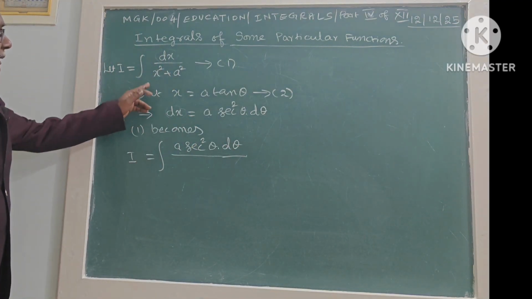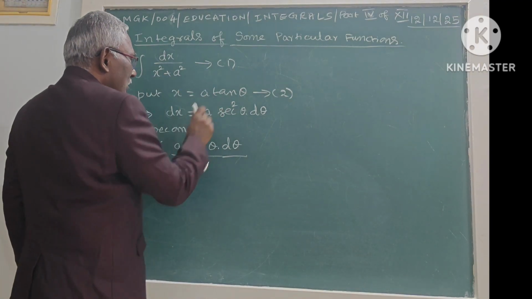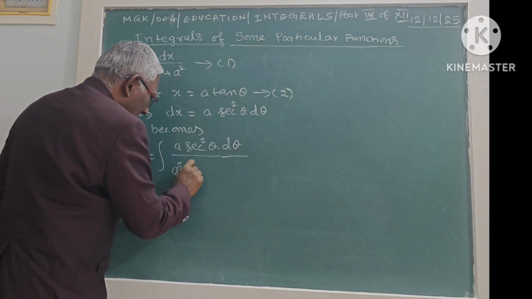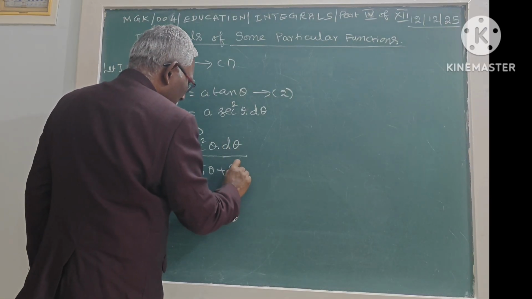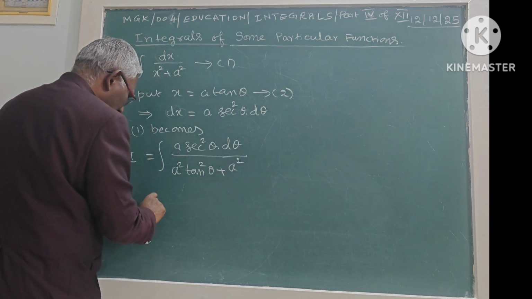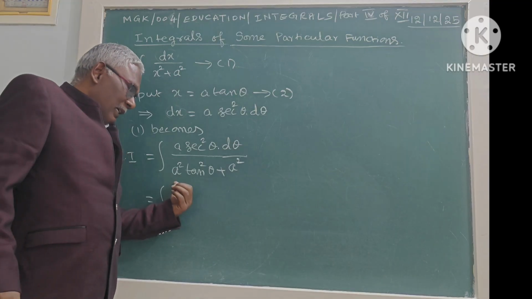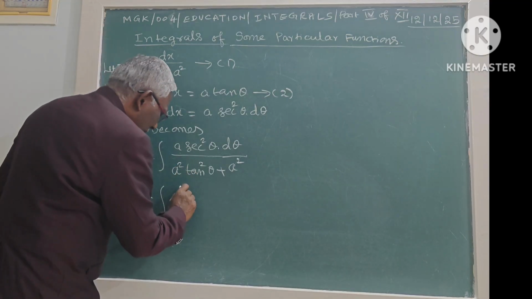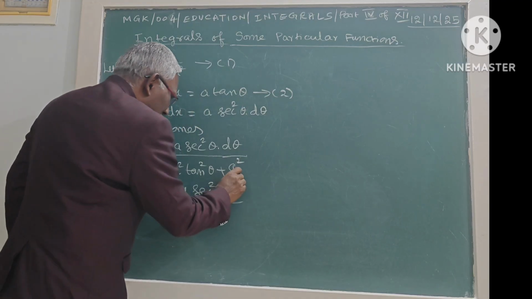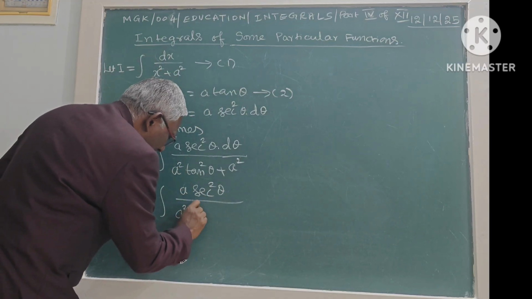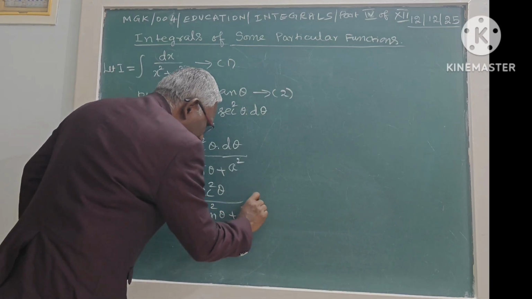by x is a tan theta, x square is a square tan square theta, so a square tan square theta plus a square. Now for the denominator, take a square outside, you get a secant square theta by, we take a square outside, tan square theta plus 1.